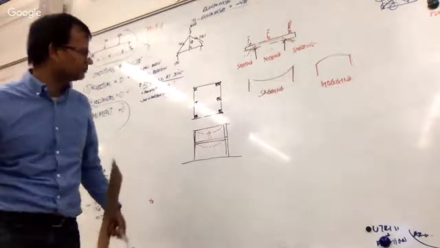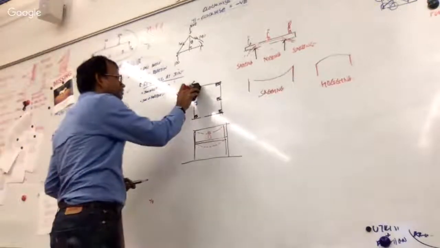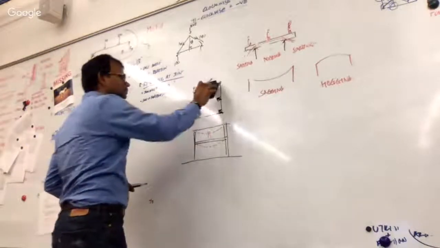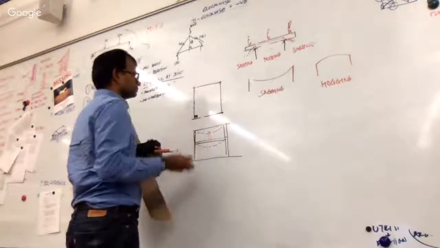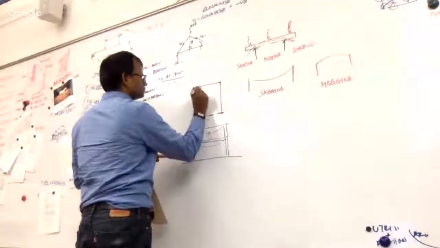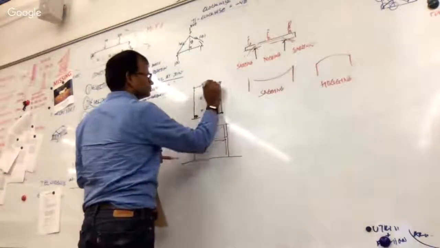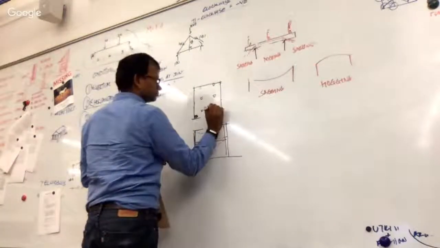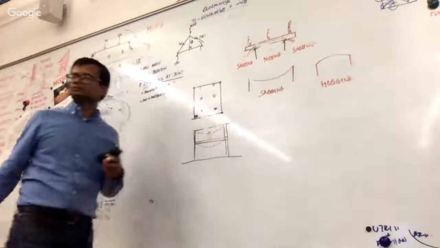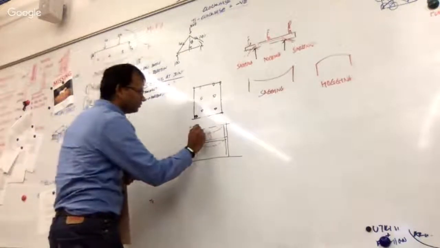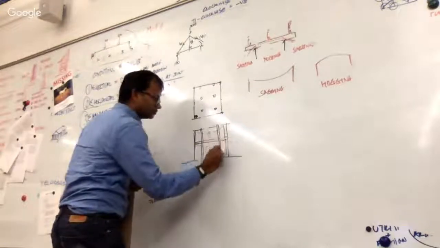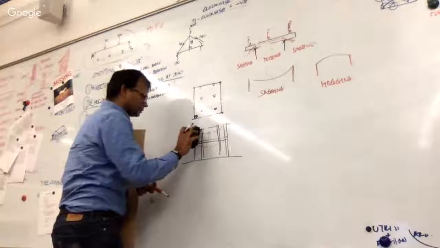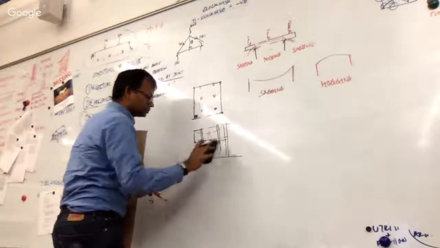However, now if I were to do a different thing, and say I take these columns and move them a little in. So what I've done is I've put columns here. There's no column here anymore.